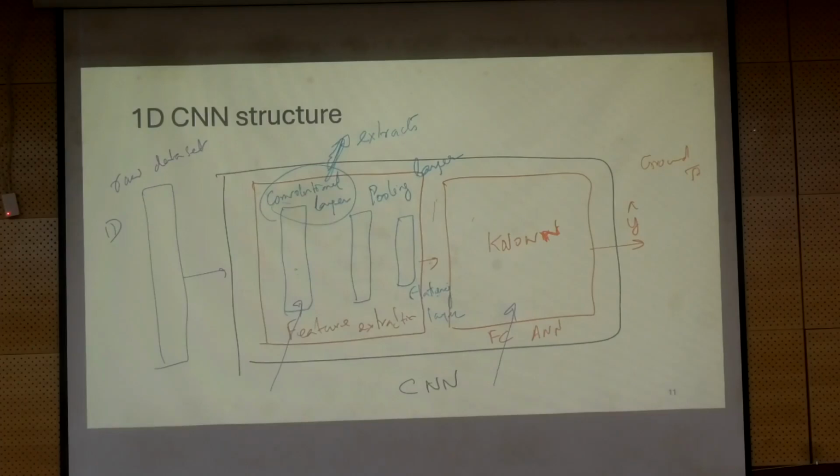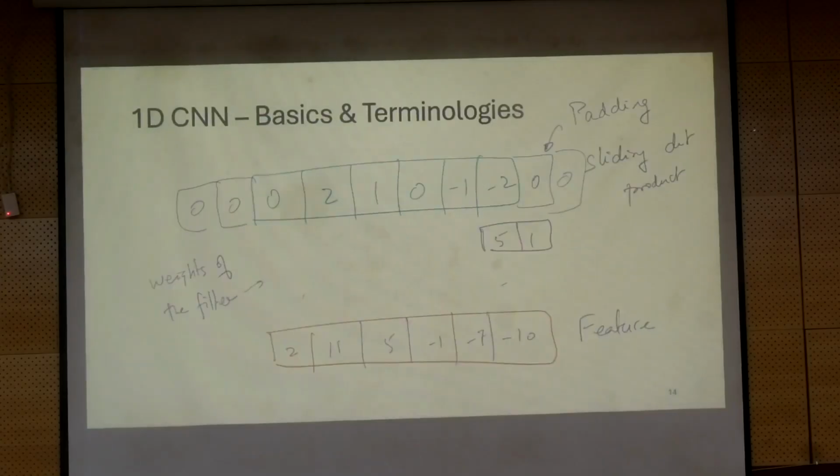Additionally, you will realize that as I proceed, it is not just such a small filter with only 2 weights. You may have 8 weights, 16 weights, 32 weights, because your input data set is not such a small length vector, right? It will be a large vector, several thousands of data points.